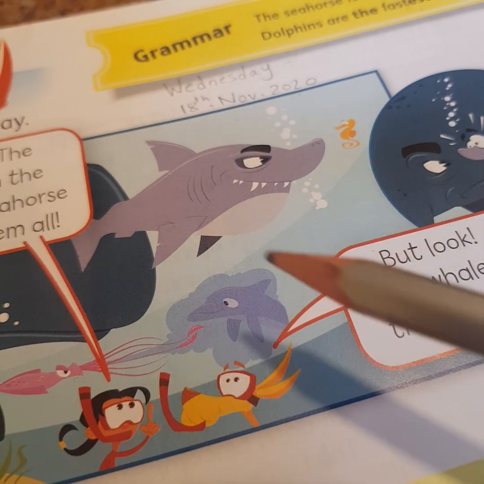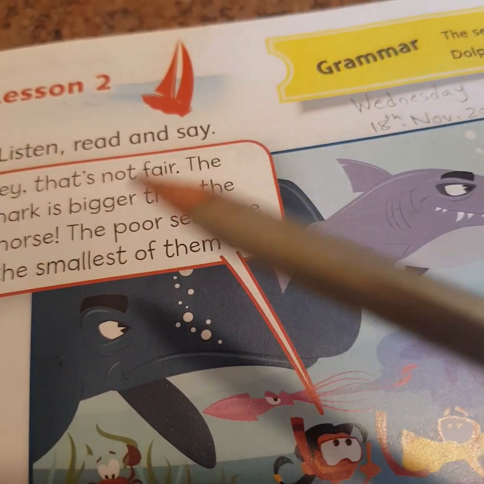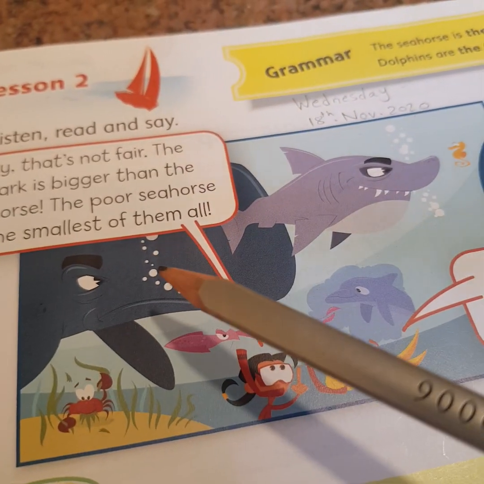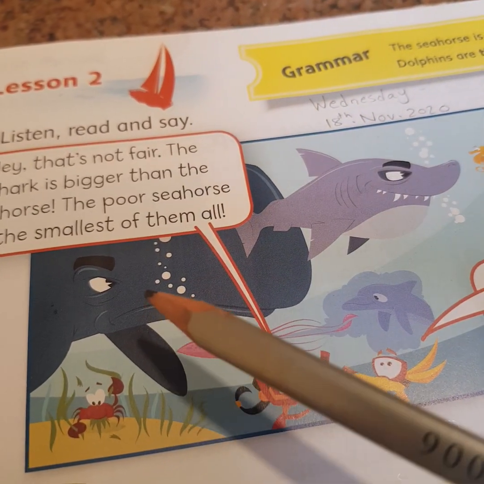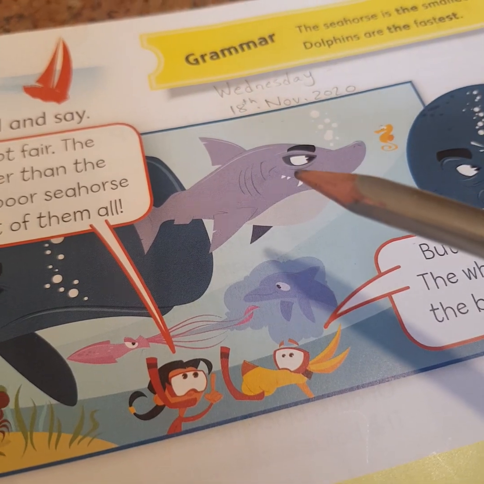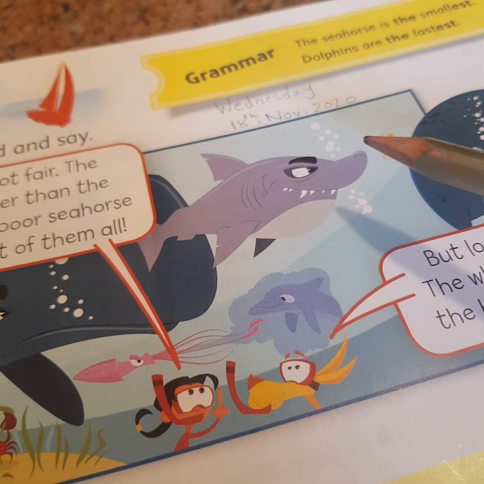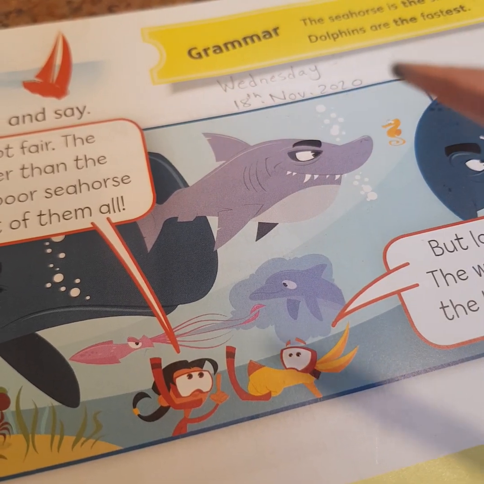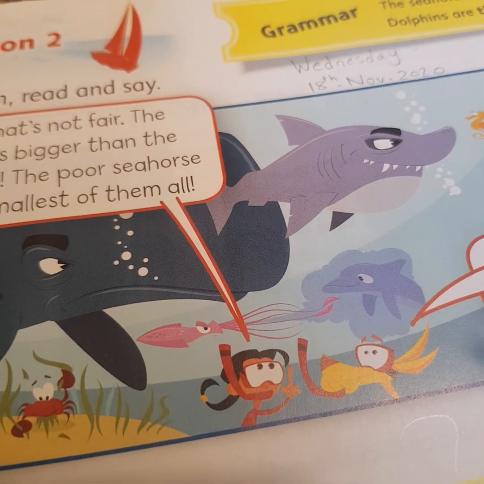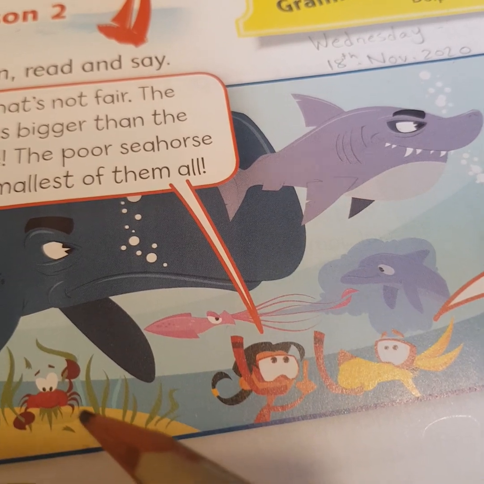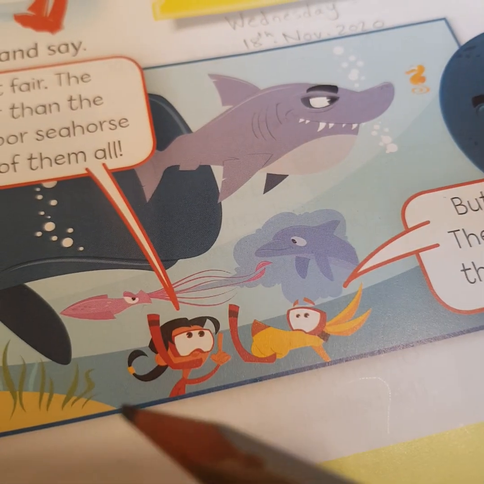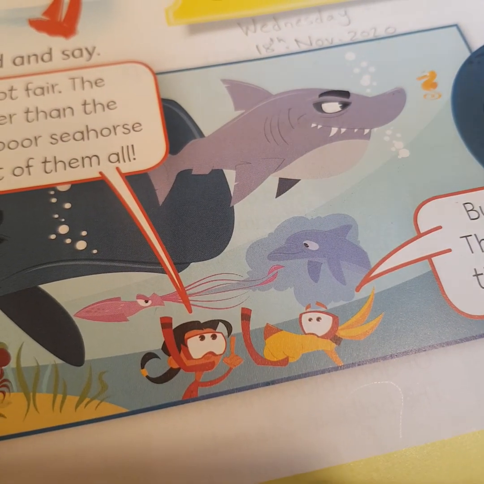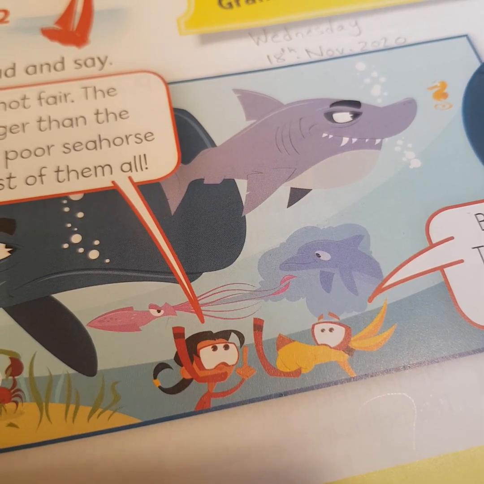We have a dolphin and a whale. So we have a whale, it's really big. We have a shark, a seahorse, a dolphin, a squid, and a crab. And Tina and Bouncer are looking at the animals.